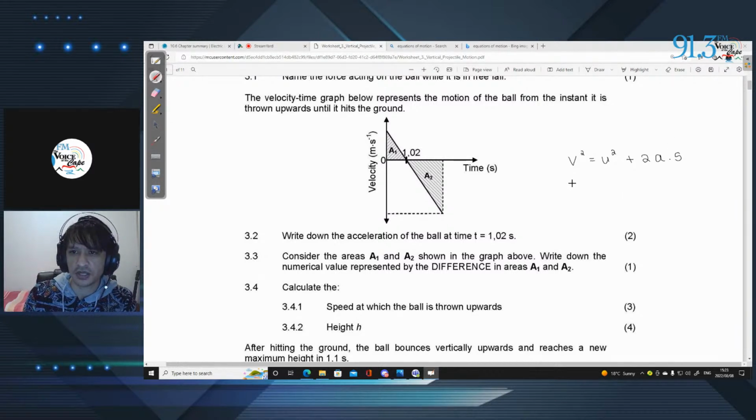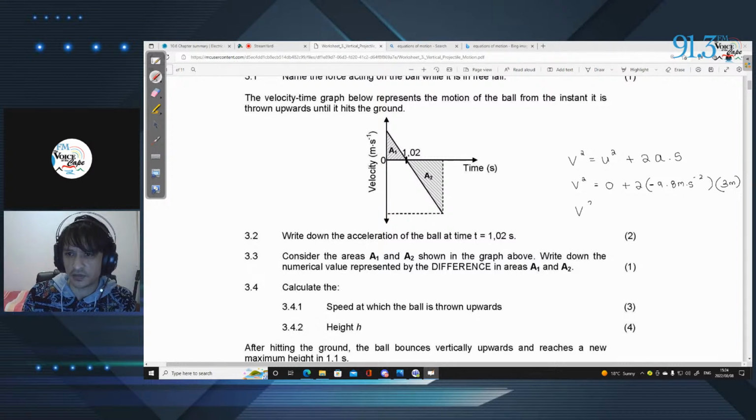So we can say v squared, initially we start off with a velocity of 0. We get 2 times negative 9.8 meters per second squared, minus 2 times 3 meters. And we'll see if this all works out.